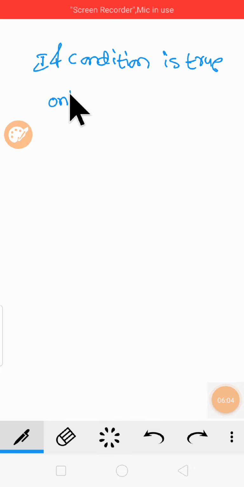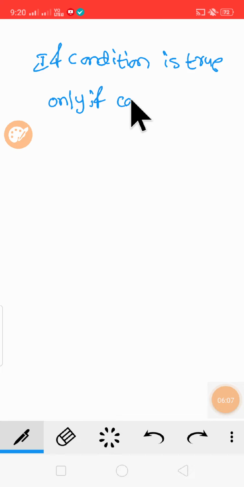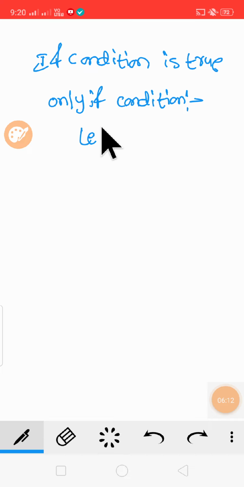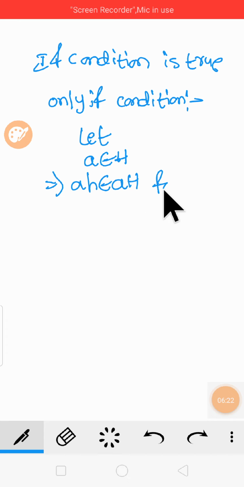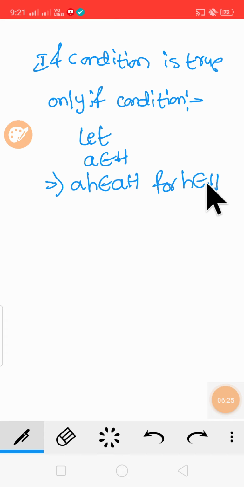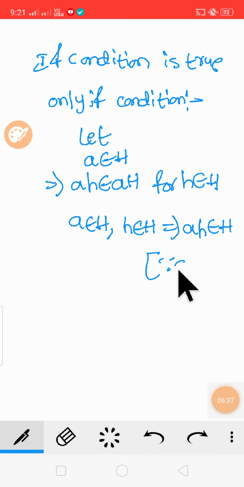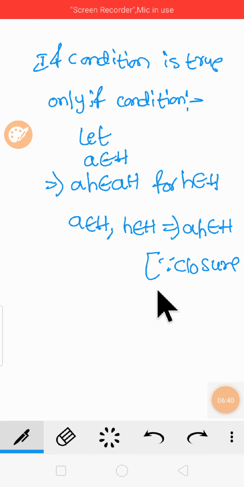Only if condition: let a belongs to H. Then ah belongs to a times capital H for small h belongs to capital H. a belongs to H, small h belongs to H implies ah belongs to H, since closure property.